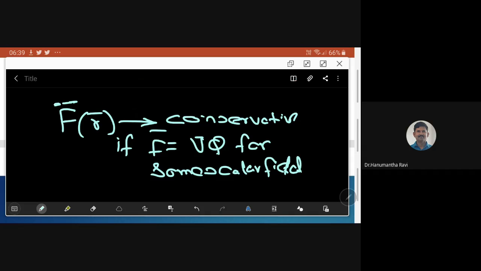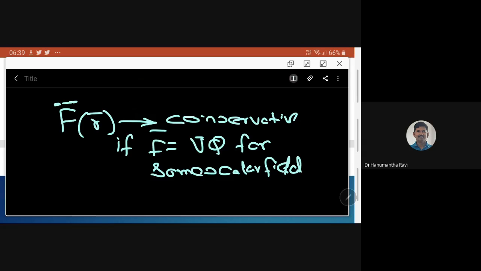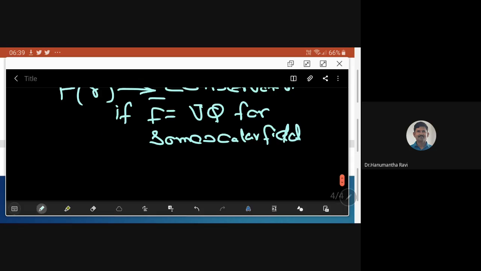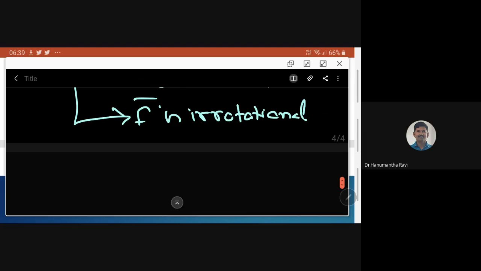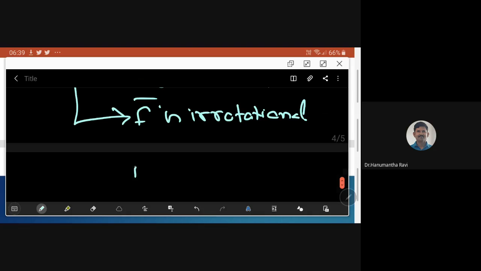The other one is that f bar is irrotational. F bar is irrotational if the curl of f bar is 0.